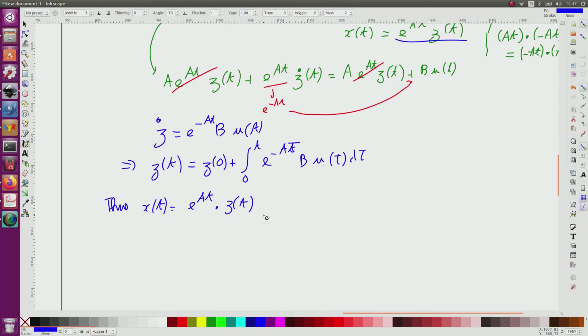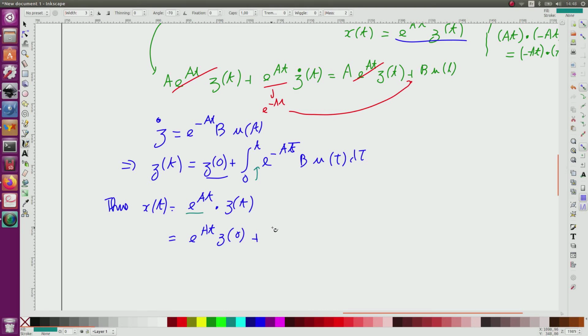It is equal to exponential At z at time 0 due to this, plus, I will enter this term inside the integral, because it does not depend on tau, I am allowed to do this.